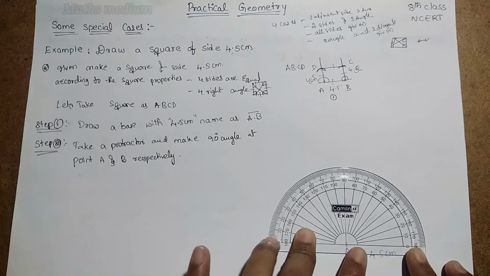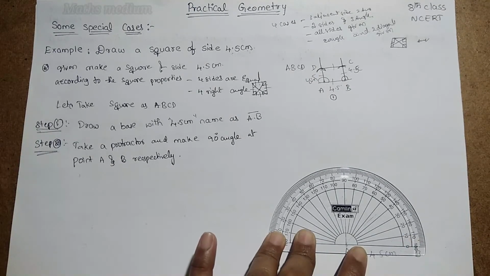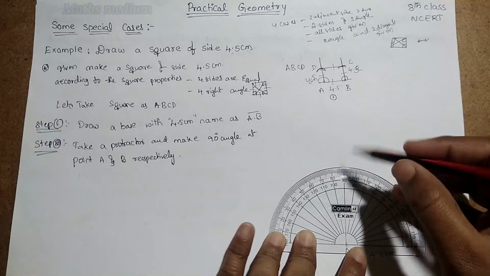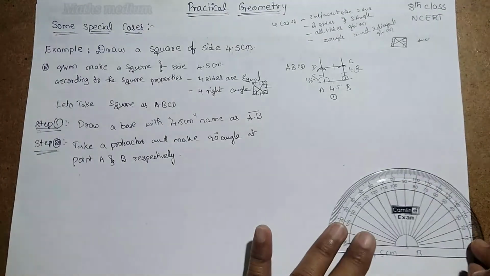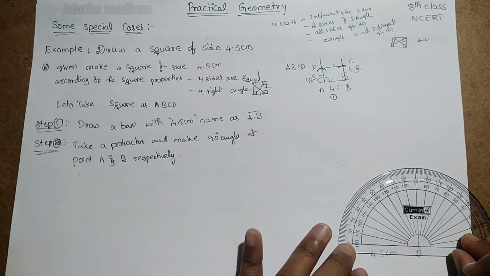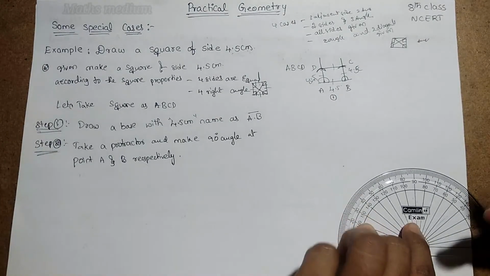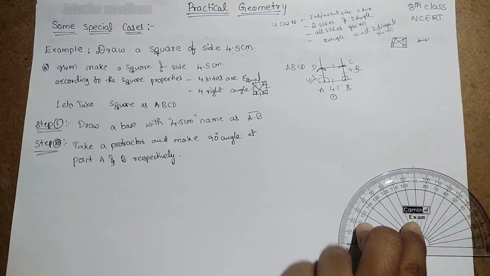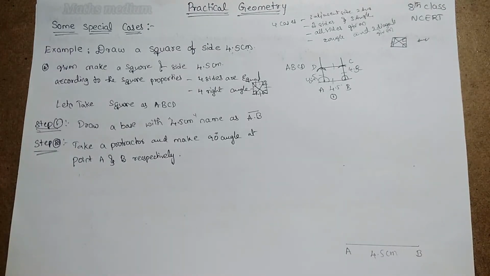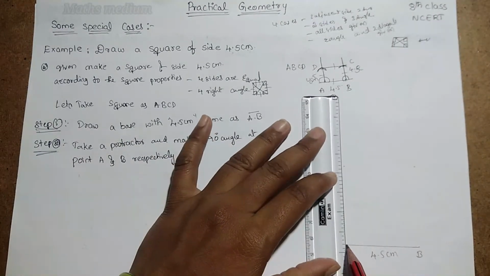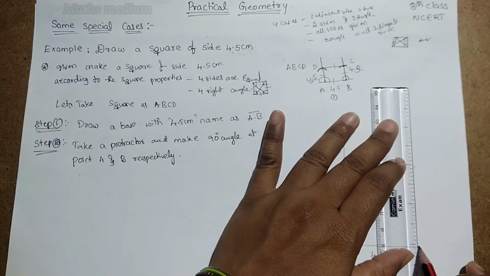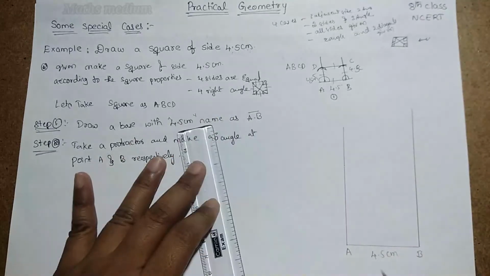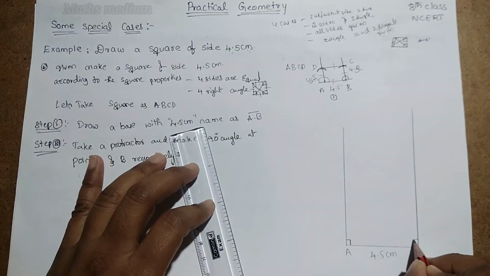So this is the correct way to place a protractor to make an angle. So let's put a point at 90 degrees, and similarly take point B to make 90 degrees. So this is the 90 degrees at A and B. Now connect the two lines, through the 2 points where we get 90 degrees. So this is 90 degrees and this is also 90 degrees.